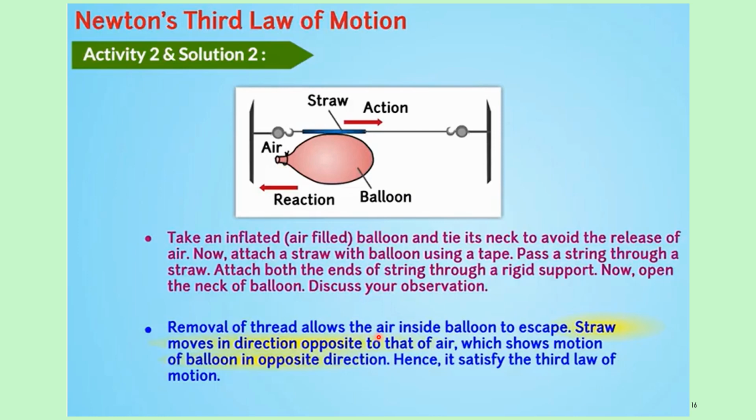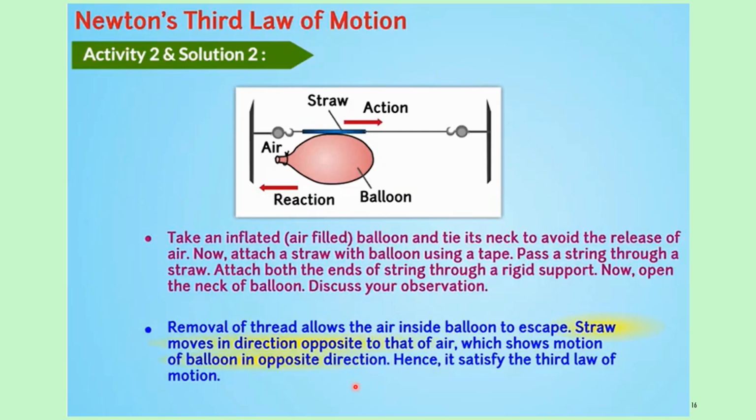Removal of the thread allows the air inside the balloon to escape. The straw moves in the direction opposite to that of the air, which shows the motion of the balloon in the opposite direction. Therefore the balloon will move in this direction.